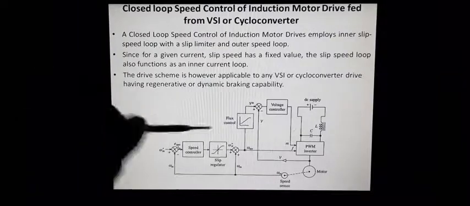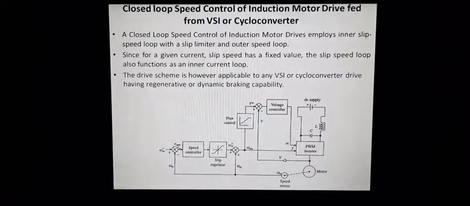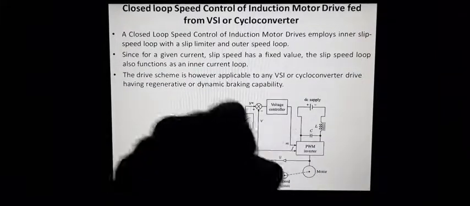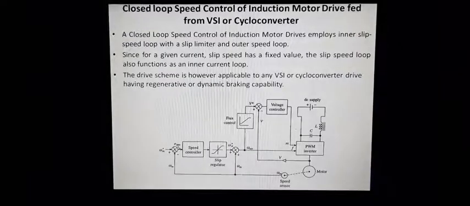So now let's see. Now we know what must be the output frequency of the PWM inverter feeding this induction motor. We have obtained it as F by using this particular arrangement. Definitely, you very well know that in the scalar control, we will be using different techniques to achieve speed control.